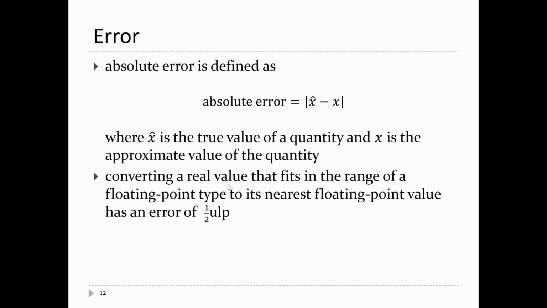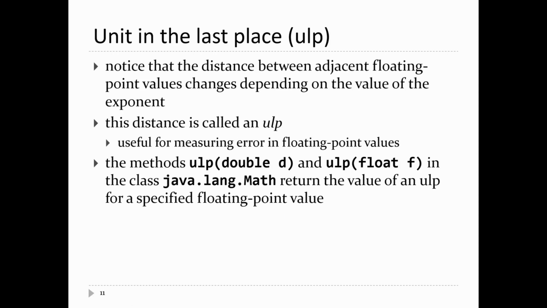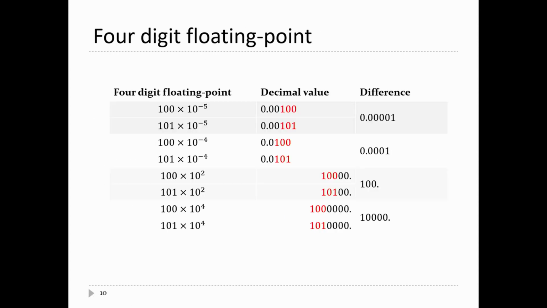Whenever you type in a double literal, when that gets converted to an actual value on your computer, the error is up to 1/2 of an ULP. You can see this just by looking at the table.